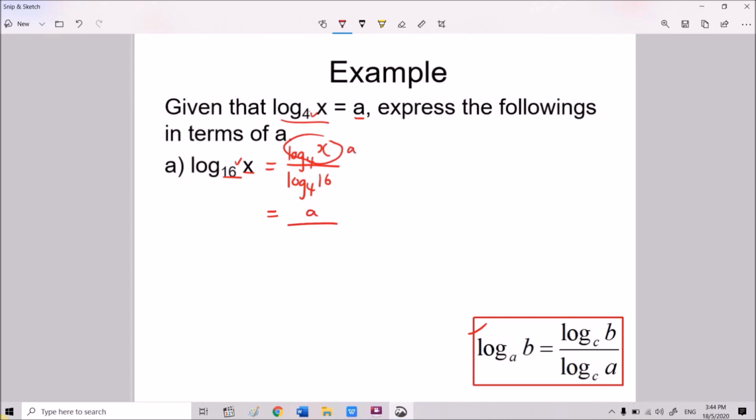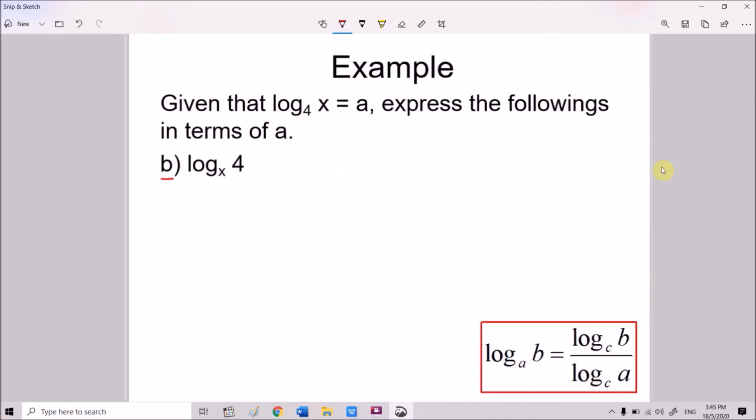And we still have to settle the denominator part. 16 is actually 4 to the power of 2. Using the power law, we can bring the 2 in front. So you get 2 times log base 4 of 4. And remember, log base a of a always equals 1. So log base 4 of 4 equals 1. So you have 2 times 1, you get a over 2.